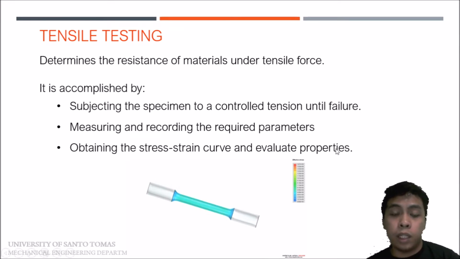Just like we have discussed from the last topic, we can determine the other mechanical properties of the material natin using this stress strain curve natin. So pwede nating mahanap yung kanyang strength, ductility, and then yung toughness niya.